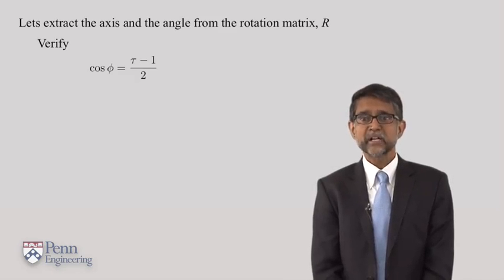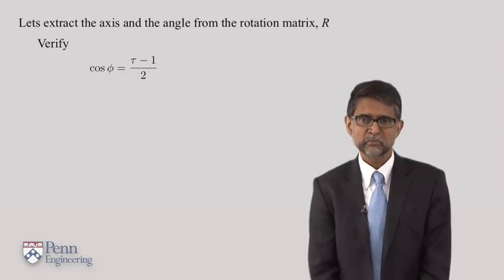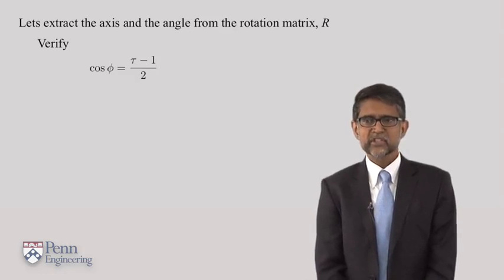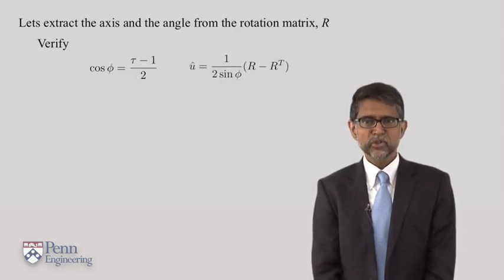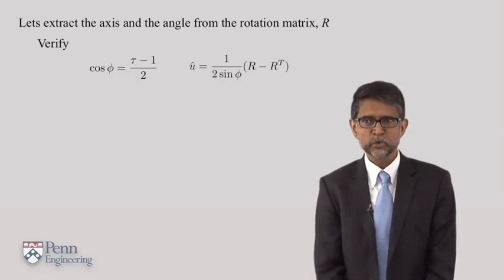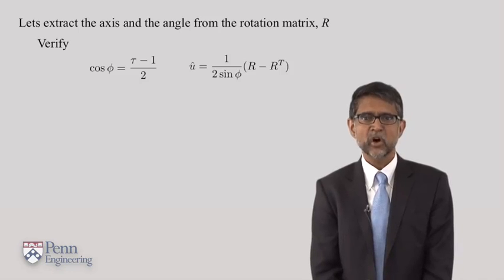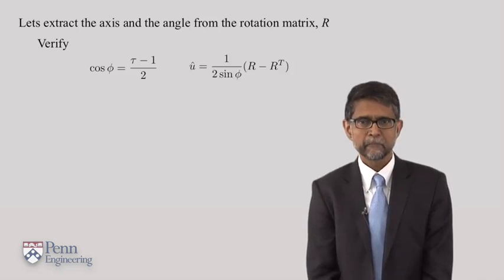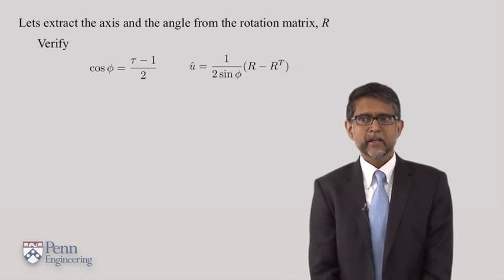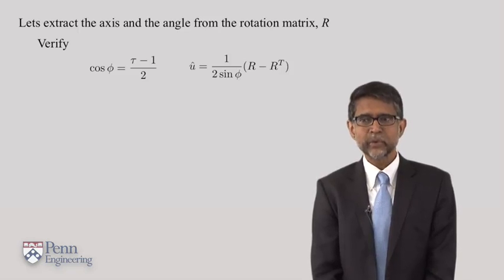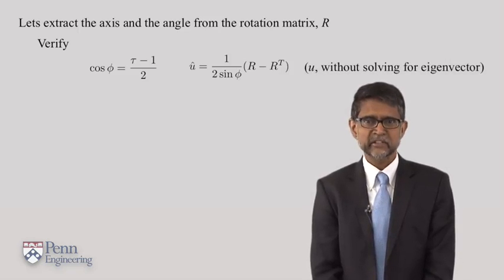And this is obtained by directly applying Rodrigues' formula to get the trace, and you should verify that this is true. Well, if this is true, you can also see from Rodrigues' formula that u hat can be obtained by just doing R minus R transpose divided by 2 sine phi. So you've obtained in this case u without actually solving for the eigenvector.